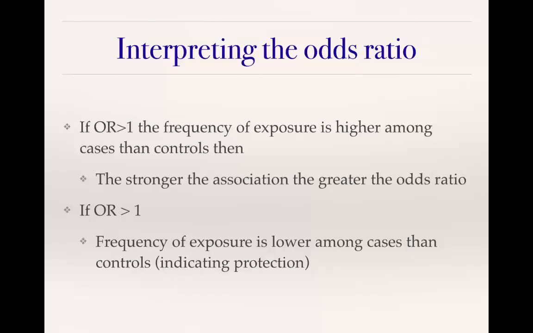If the frequency of exposure is lower among cases than controls, then the odds ratio is less than 1, and this indicates protection. Often in studies, because of the similarity of the information conveyed by an odds ratio and relative risk, odds ratios can often be reported as an estimated relative risk. So it's just another terminology for that.